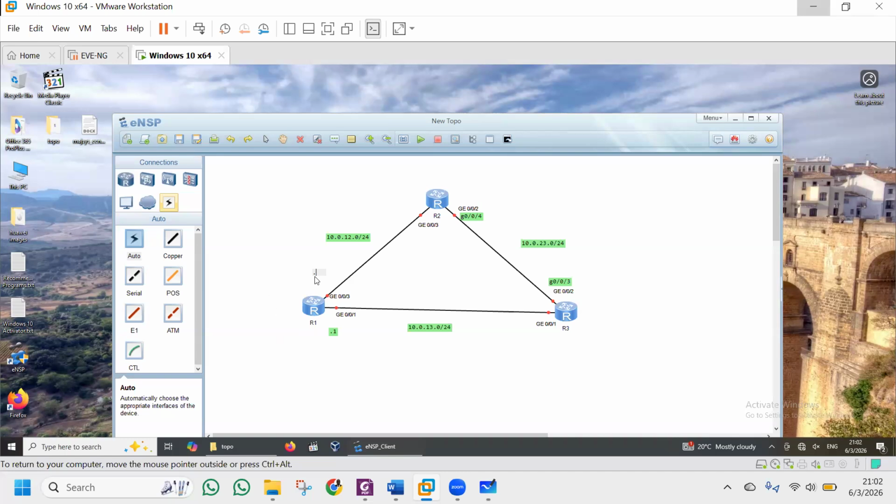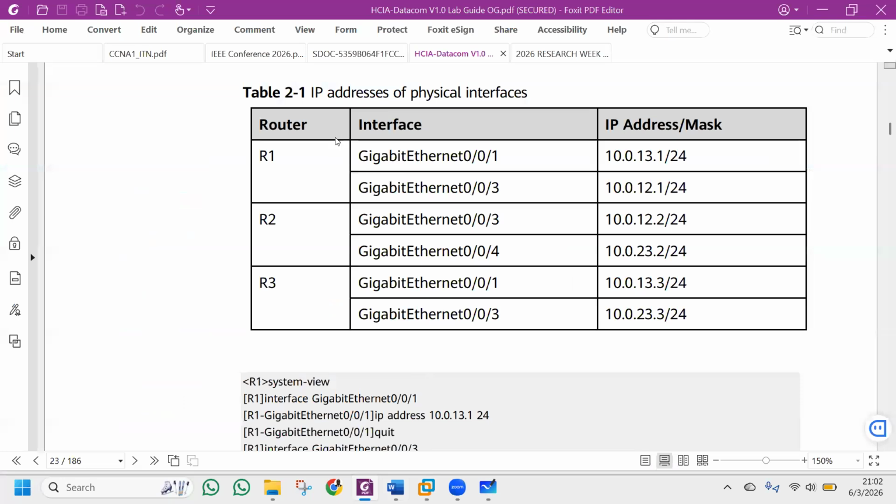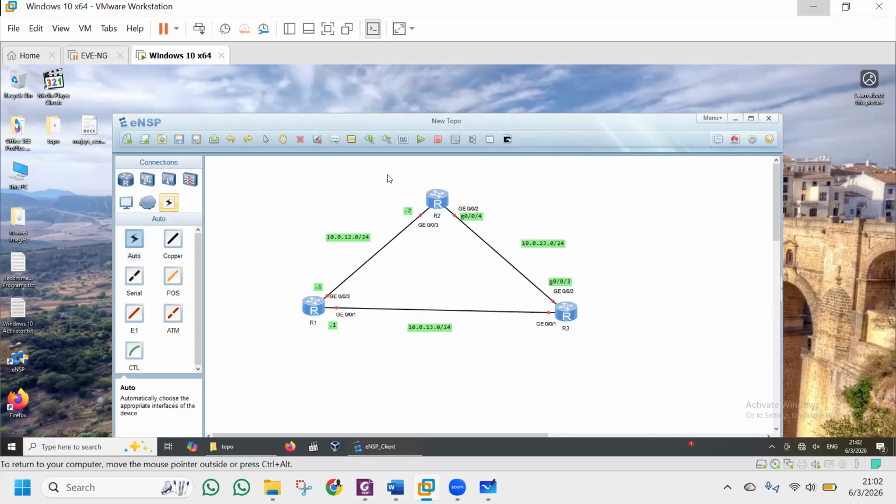Then R2 0/0/3 is .2. Then 0/0/4 is .2 again.